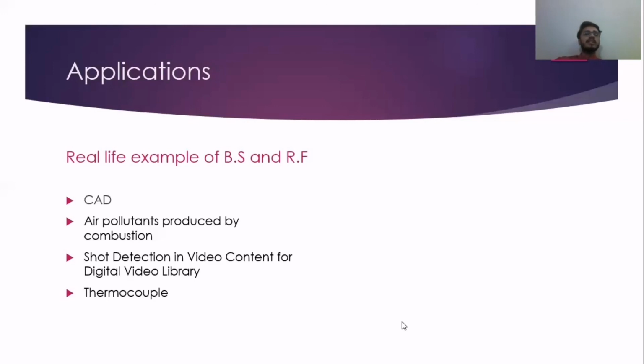Now, let's move on to the third application, that of shot detection in video content for a digital video library. So, what is DVL? It stands for Digital Video Library. It is basically a network internet application allowing for storage, searching, browsing, retrieval, and unicasting of video sequences.